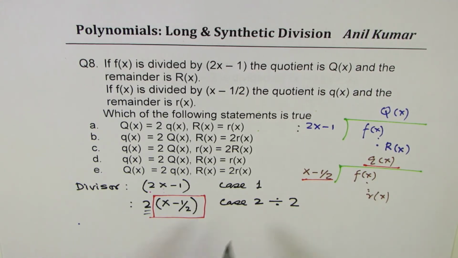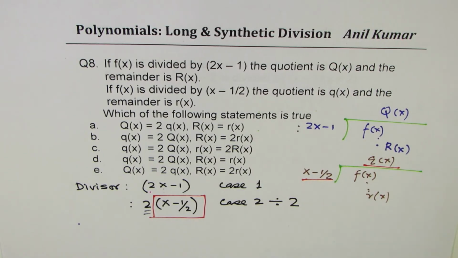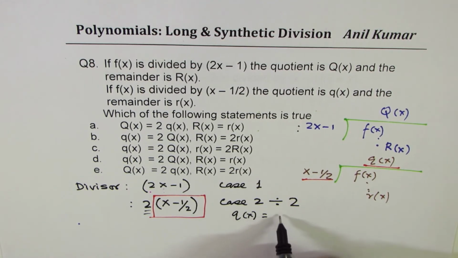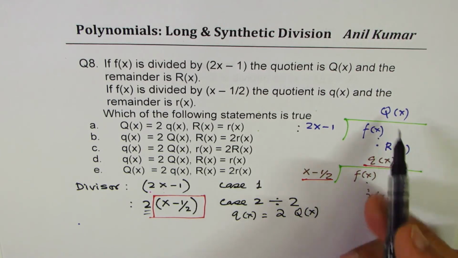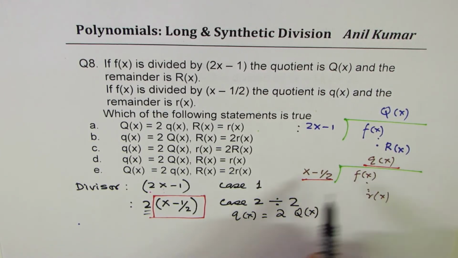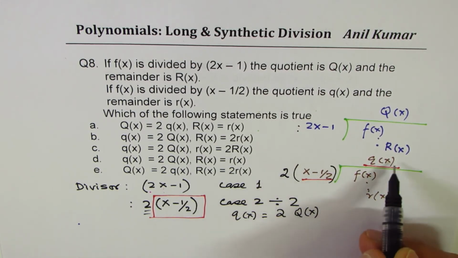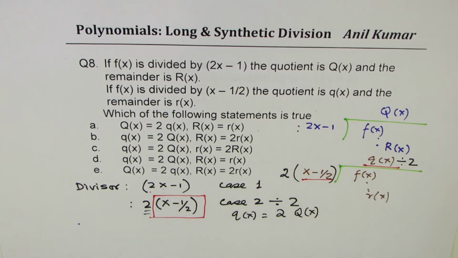Do you understand? So this quotient is twice capital Q of x, and so we will see that q of x is actually 2 times capital Q of x. To get the net result, we should divide this by 2. Perfect? So if I have to do times 2 here, that means that should be divided by 2, because of the divisor.